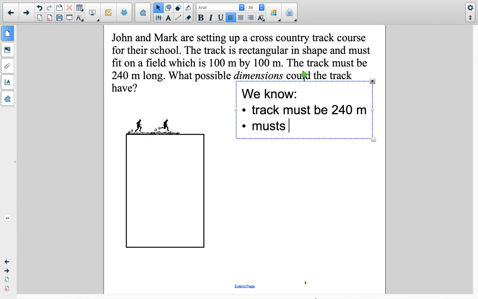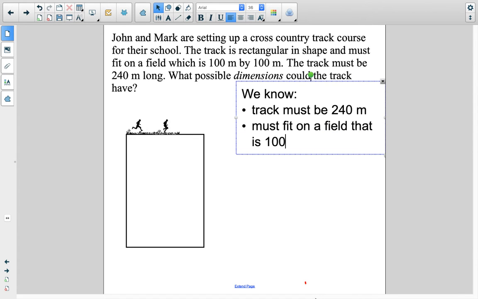It must fit on a field that is 100 by 100 meters. That means it's a square, and the length is 100 and the width is 100, right? By dimensions, we mean length and width. If you put these two pieces of information together, what is the maximum side length of the track?